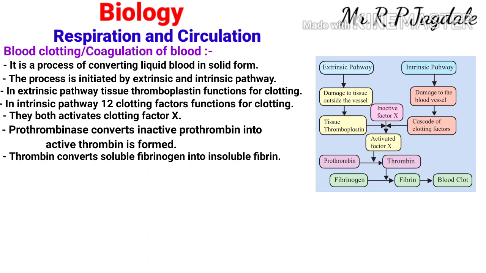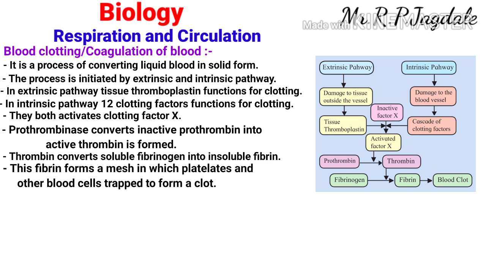This fibrin forms a mesh in which platelets and other blood cells are trapped to form a clot. The fibrin forms a mesh on the injured part, and in this mesh the platelets and other blood cells are going to be trapped to form a clot.